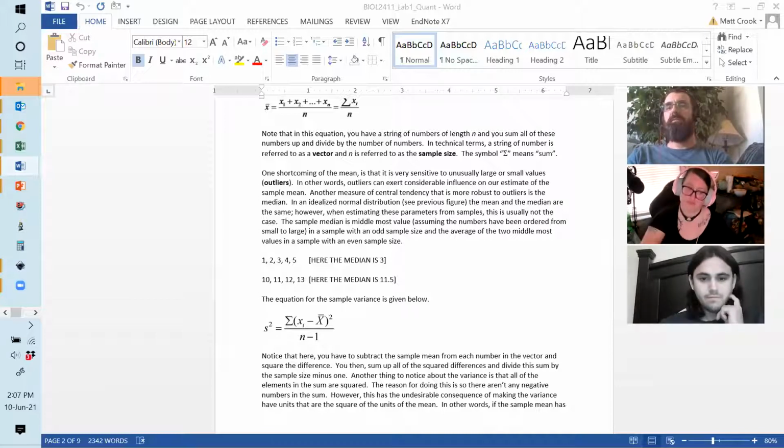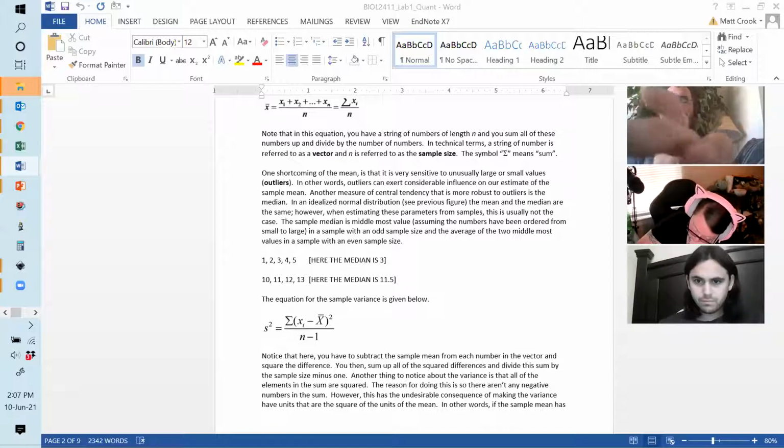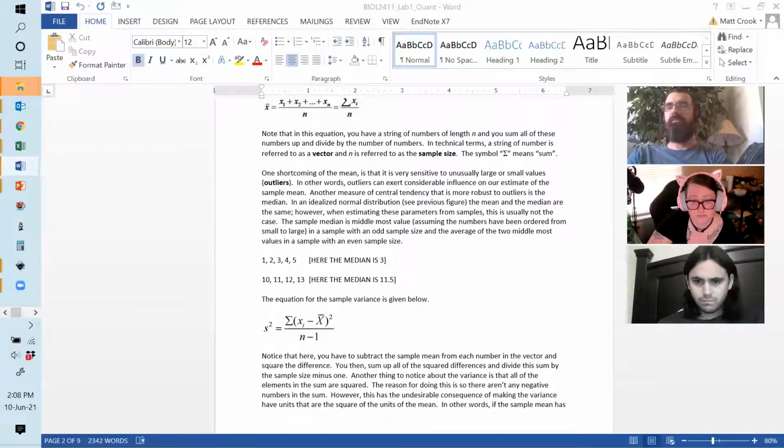Right, so that's variance. Second try. I forgot that it's the sum of xi minus the mean, squared, divided by n minus 1. There you go. That's the proper one. Ta-da!